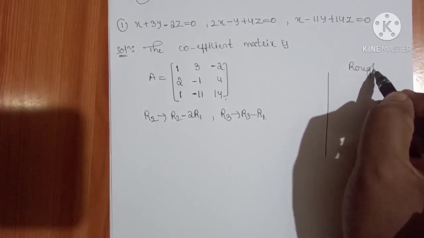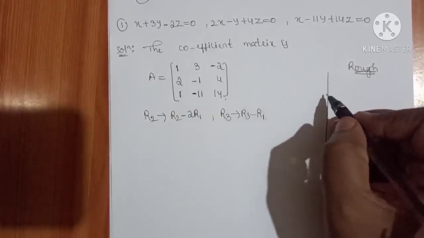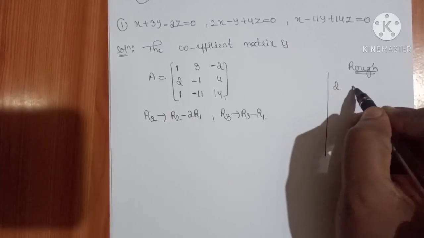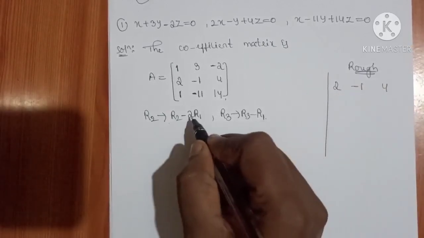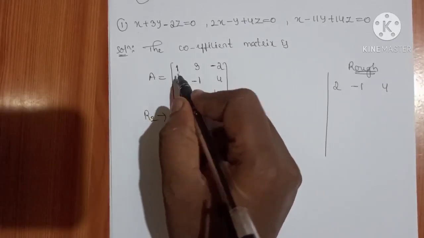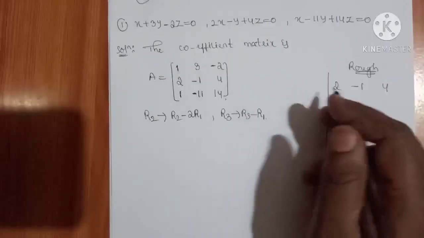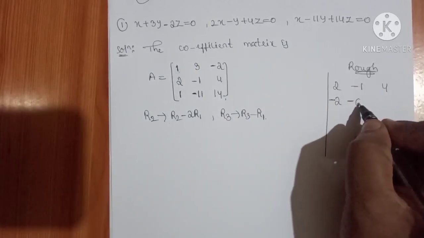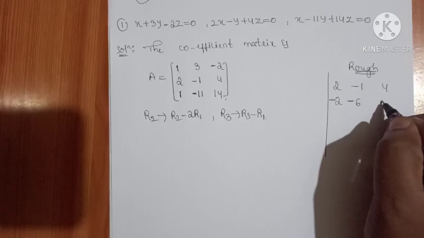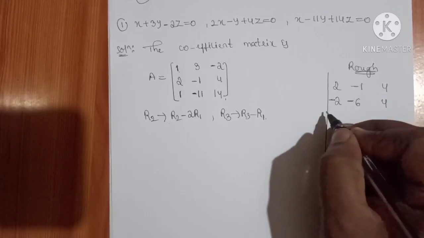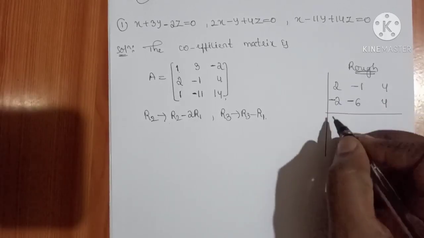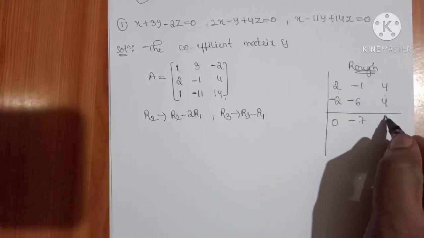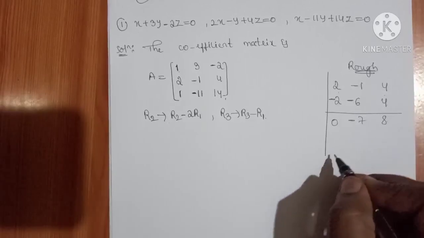First we do the rough work here. R2: all the elements of R2 are 2, minus 1, 4, minus 2 into the first row. Minus 2 into 3 is minus 6, minus 1 minus 6 is minus 7, and 4 plus 4 equals 8. We get 0, minus 7, 8.